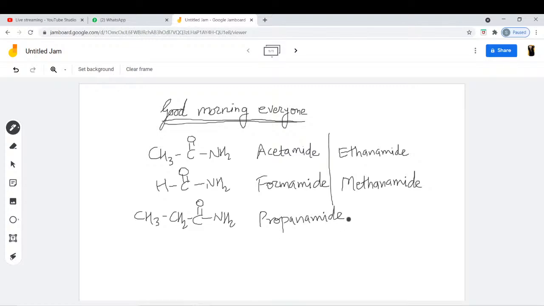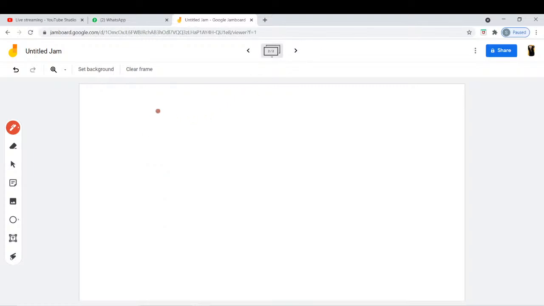Both are collectively called the same. But these are primary amides. Here secondary amides are also available. Which are the secondary amides?